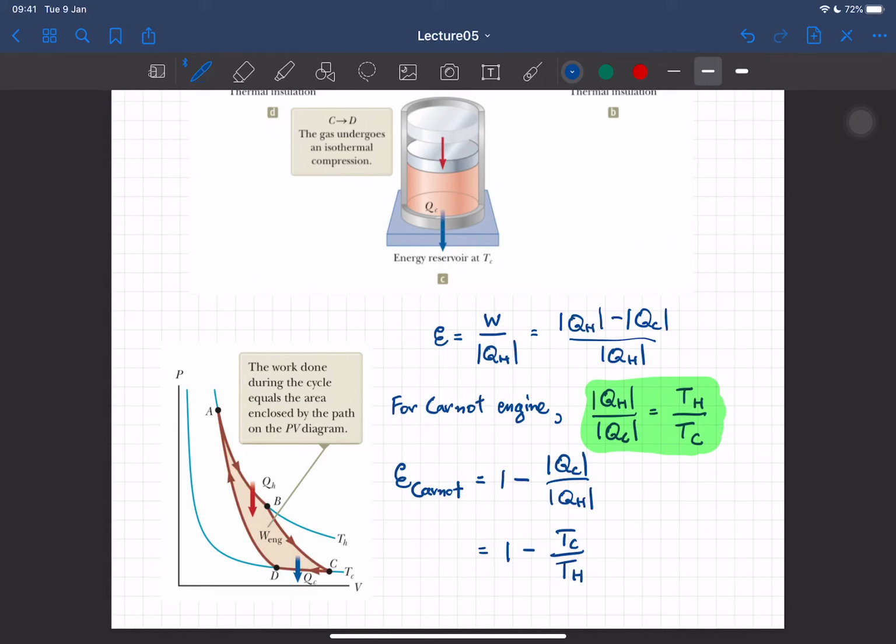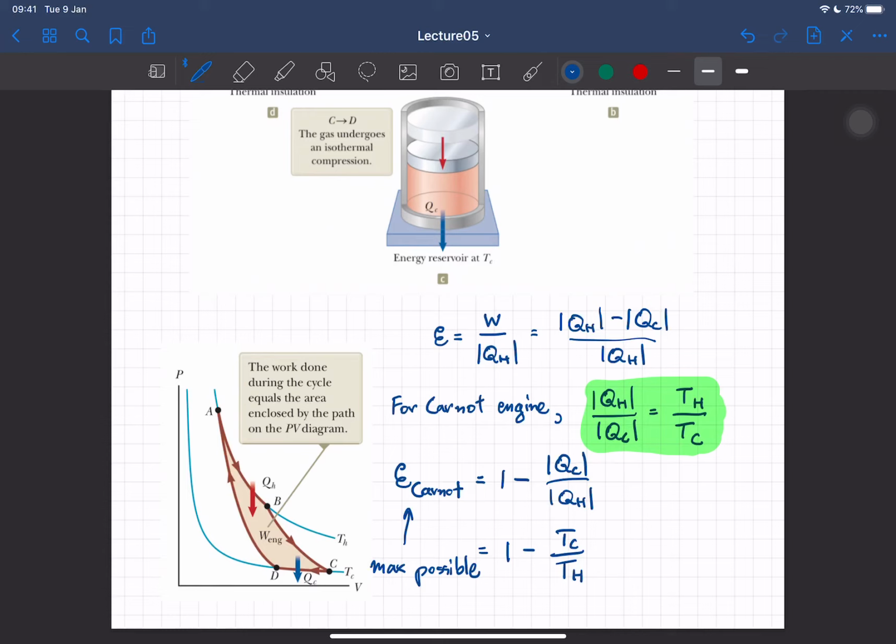Okay, so the temperature that the Carnot engine is operated between, TH and TC, tells you the efficiency of the Carnot engine. And this is the max possible efficiency that you're gonna have for a heat engine.